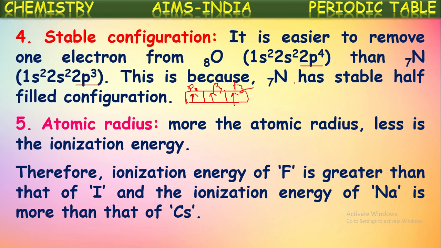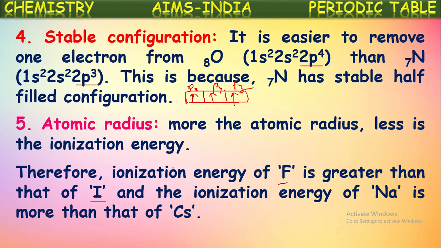For one more example, they have mentioned here: the ionization energy of fluorine is greater than that of iodine. What is the relation between these two elements? Fluorine, iodine. We know these two belong to the same group: fluorine, chlorine, bromine, iodine and astatine. These are the halogen group or seventh group elements we have studied, isn't it? Out of these, fluorine is the first element with the smallest size.